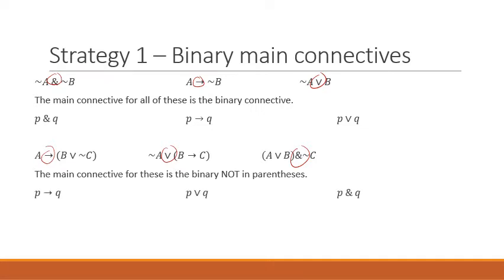And again, if you were to think of the absolute basic form of these sentences, they would look like this, right? It would be P arrow Q, P or Q, or P and Q. All that complicated stuff will matter later, but for now, with these sentences, the rules that you're going to be using are going to be focused on that binary. So that's an important thing to keep in mind as you go forward.